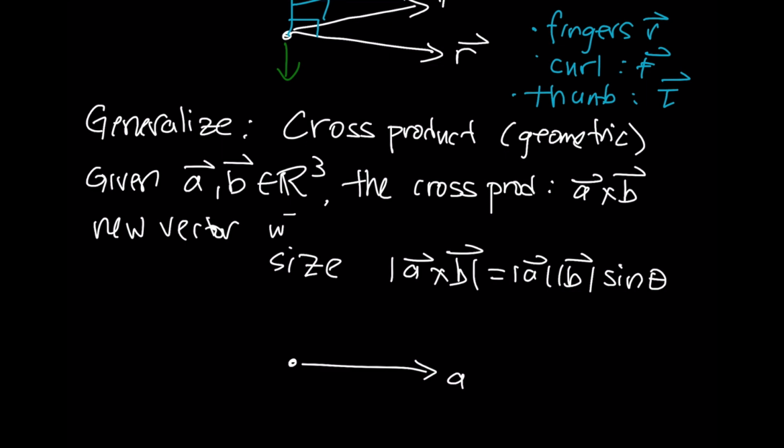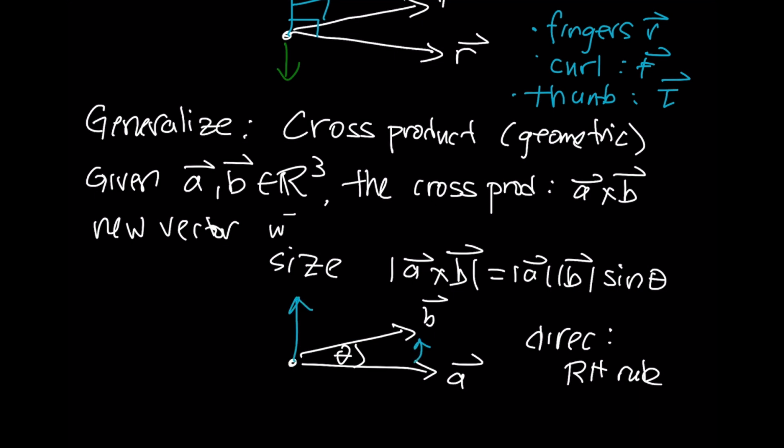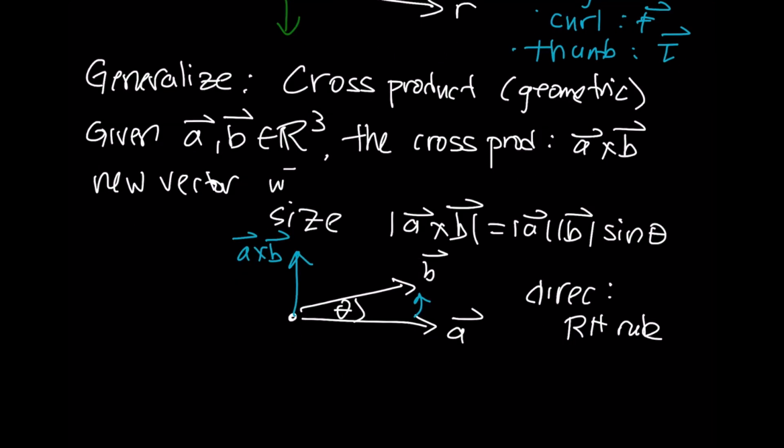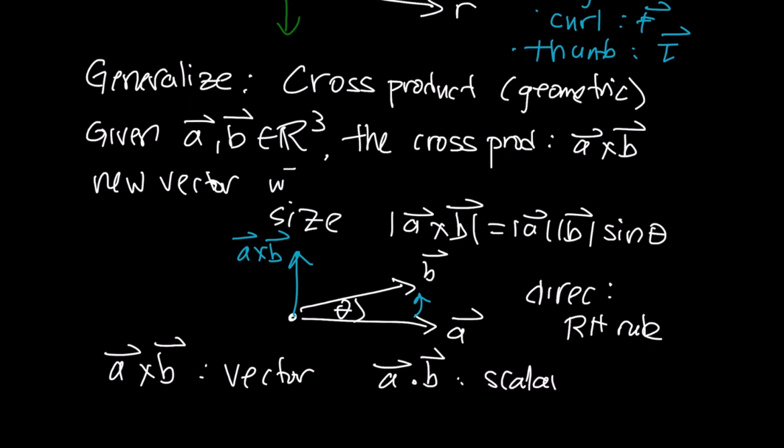There's A, there's B, there's the angle between them, and then the direction follows the right-hand rule. If you curl from A to B, your thumb will point up, and there is the vector A cross B. A cross B produces a vector, whereas the dot product A dot B produces a scalar.